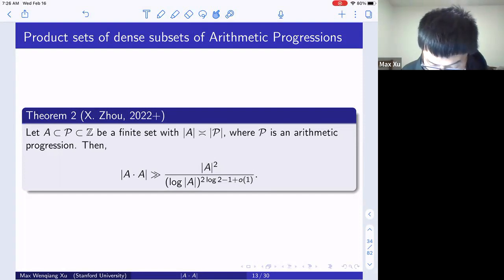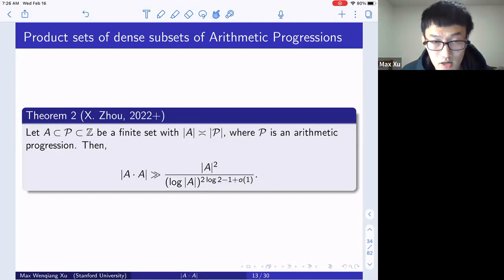Then we can know that A dot A will be at least A squared over log A to the power 2 log 2 minus 1. There are some results by, I think, Campos, and of course you can count how many sets A, in a certain measure, have a constant W number.